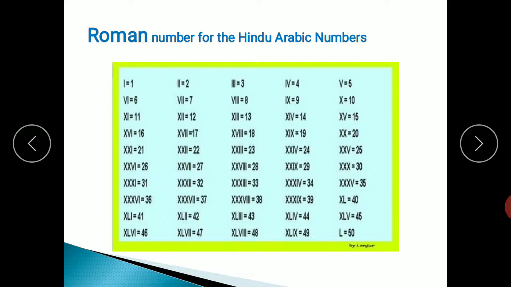Now come to how to write 10 or how to write 9.